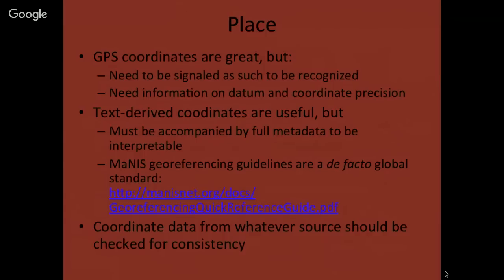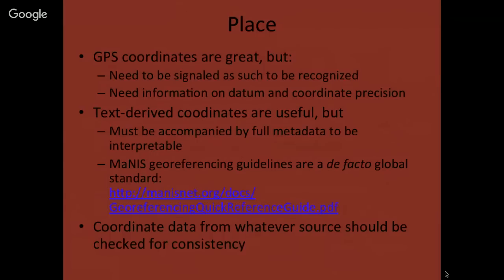Text-derived coordinates are also useful, but again, must be accompanied by full metadata to be able to interpret what they mean. For the metadata standards, look at the Manus georeferencing guidelines as a de facto global standard, and the URL is here in the presentation.